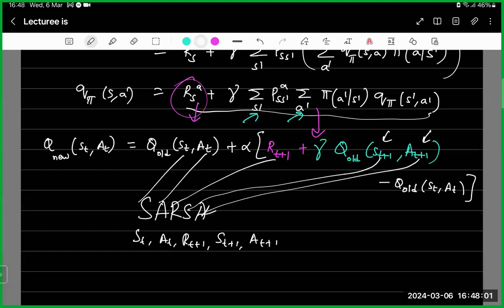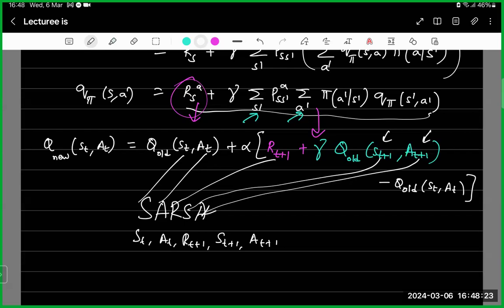Then you will do this. After every interaction with the environment, you will update your policy. You won't even run one full episode. Like you'll do it in an online fashion. So after every one update of this SARSA equation, you epsilon greedily improve your policy.